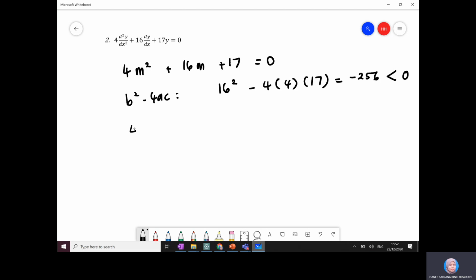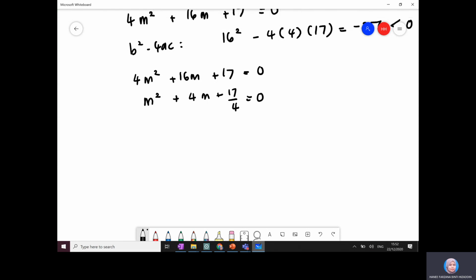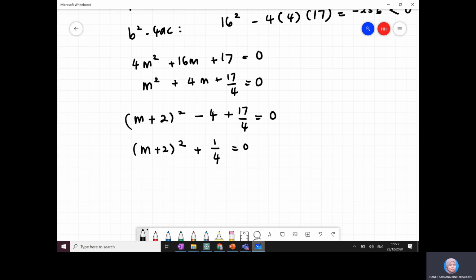You can try to find the complex conjugate roots by completing the square. So you divide everything by 4 first. Then you have (m plus 2) squared plus 1 over 4 equals 0.